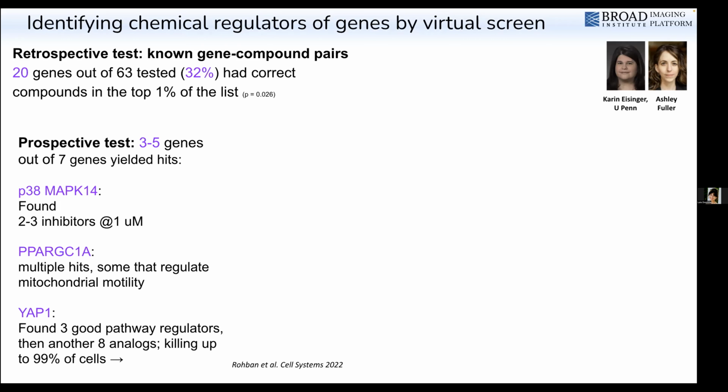So we had luckily 7 labs willing to take us up on the offer of testing out these compounds because they were experts in those genes and those pathways. 5 of the experiments gave good results. 2 of them fell apart for chemistry reasons, but 3 of them just really worked. In these cases, the top of the list had some compounds that impinged on the pathway that the researchers were studying, which was the expected pathway.